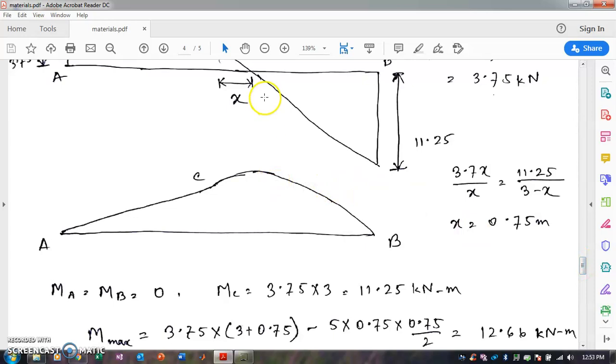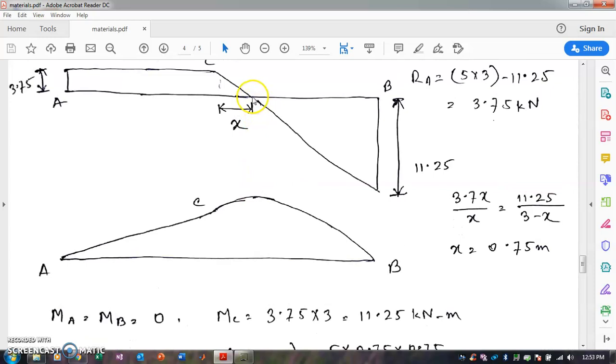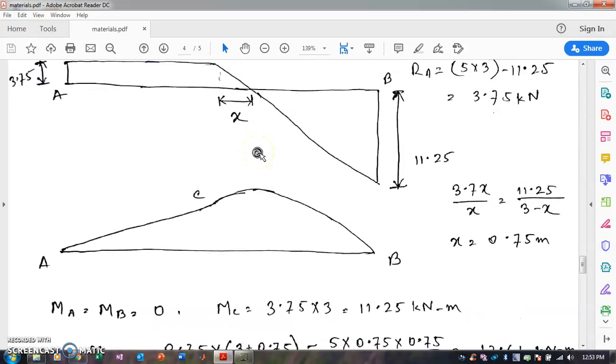So here the value of x where it becomes 0 will give the maximum value of bending moment, and now we need to calculate the bending moment at this point. Okay, so that is maximum bending moment.